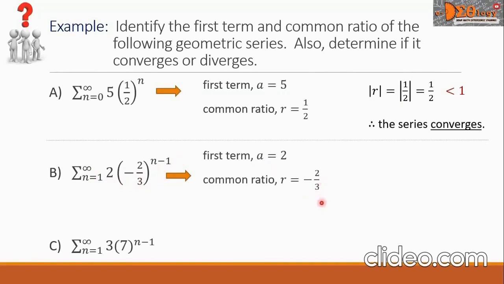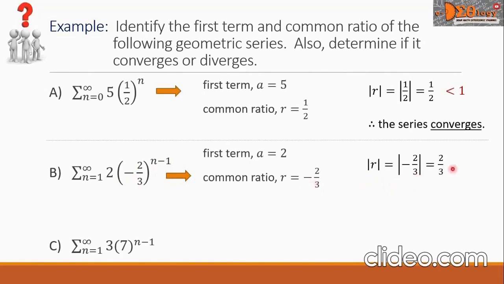To test for convergence or divergence, we say that the absolute value of r is equal to the absolute value of negative 2/3. Simplifying this, we have positive 2/3, and this 2/3 is less than 1. So we say that the series converges.